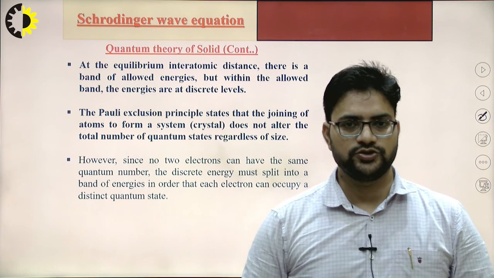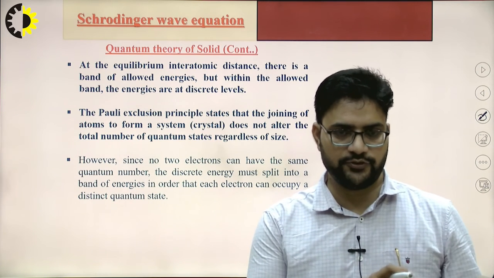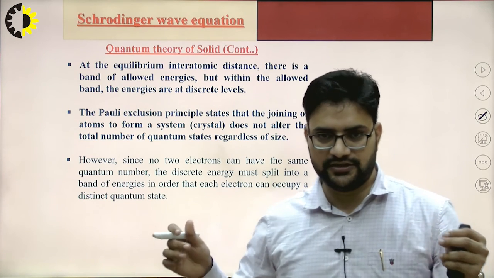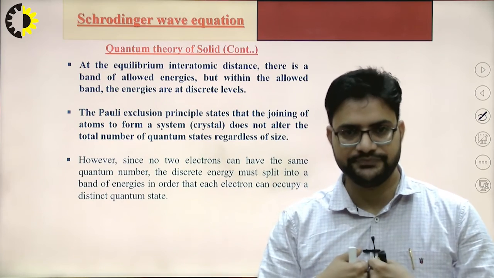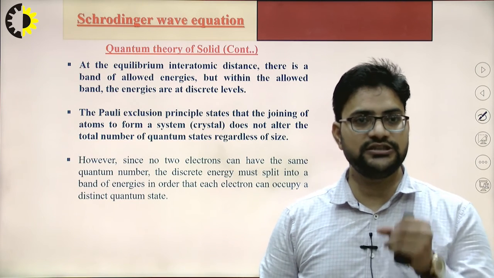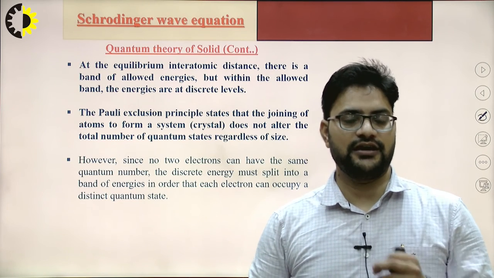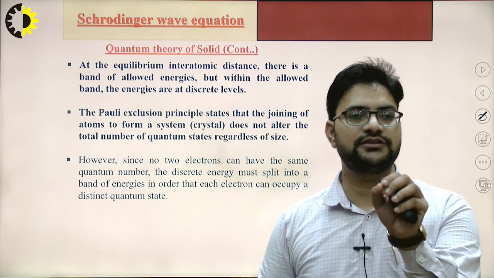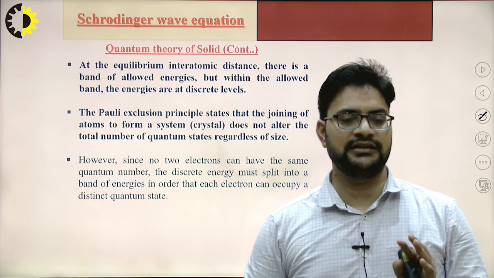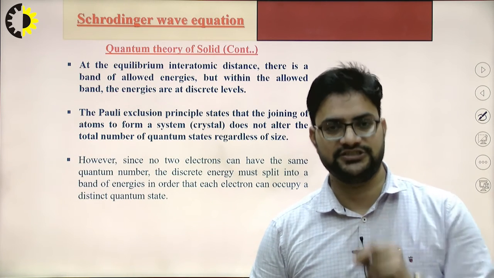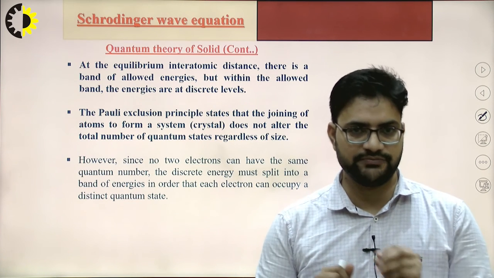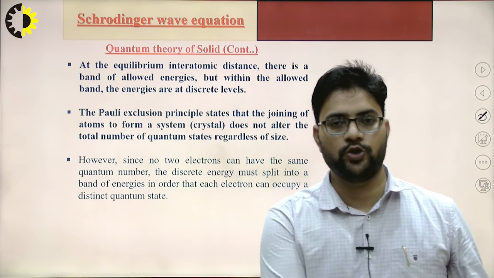So what we can conclude from all these discussions: whenever the atoms come closer to each other, the energy will be split into discrete energy levels, such that no two electrons can have the same quantum number. This is the main postulate that can be drawn from this whole discussion.